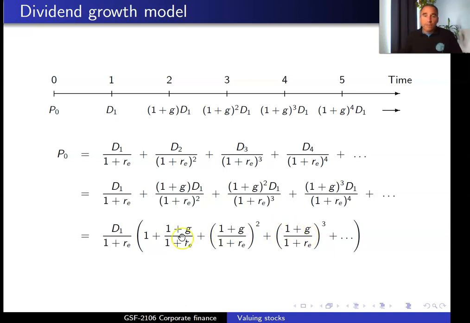The only way this summation here has a finite solution is if 1 plus g is smaller than 1 plus RE, in order to have values smaller than 1, and values smaller than 1 to high powers converge to 0.